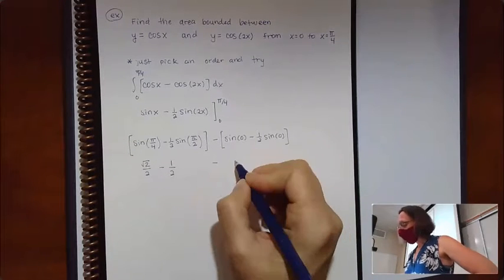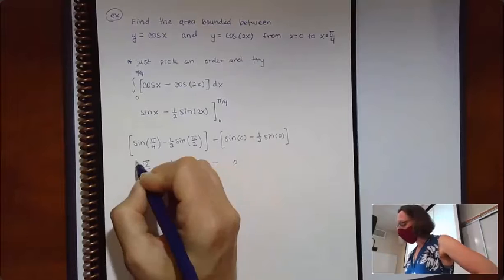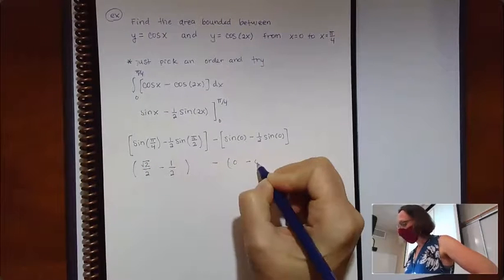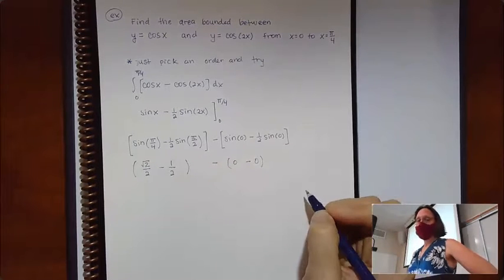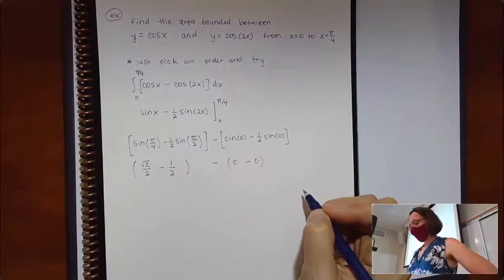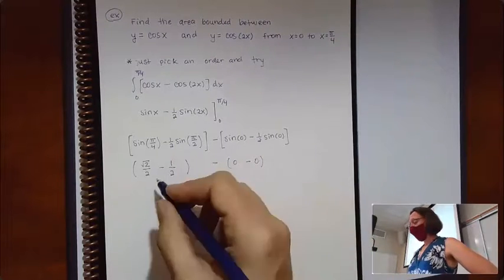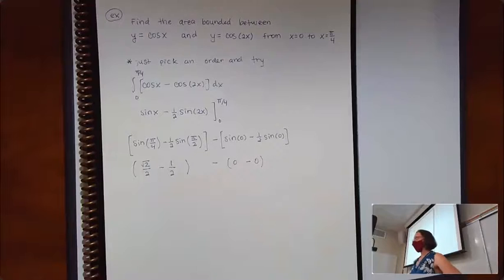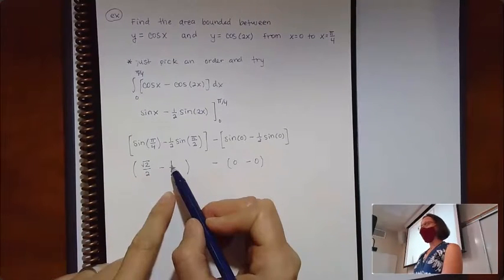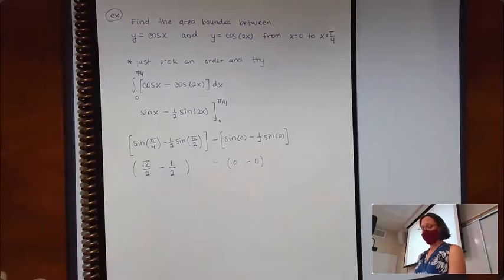Sine of 0 is equal to 0. And that's going to be some more 0. Well, I actually happen to know now that we did it right, because the square root of 2 is bigger than 1, so the number that we just got is positive.